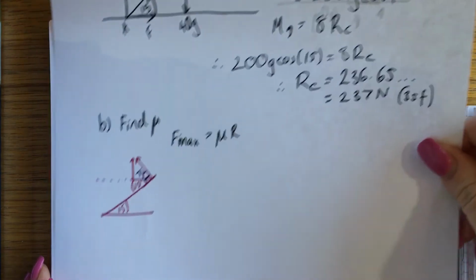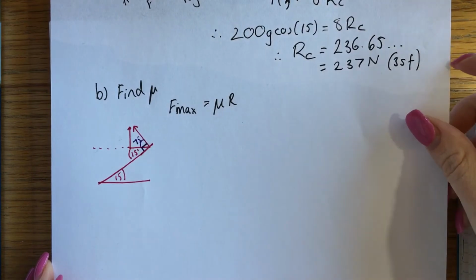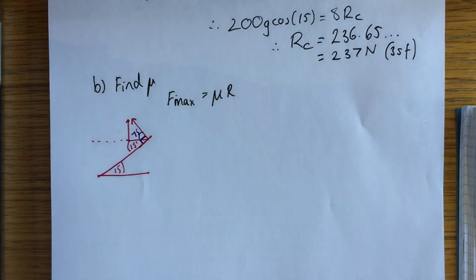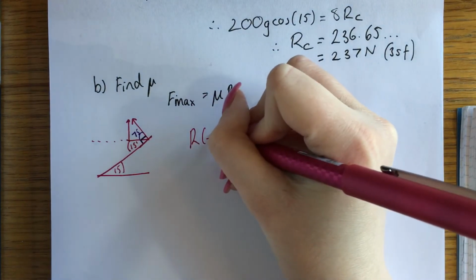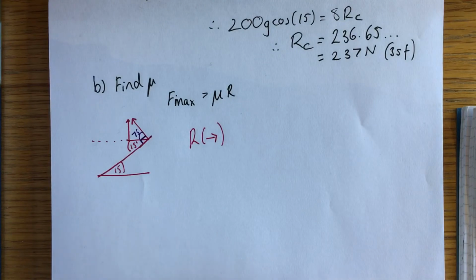So I am going to have to keep moving up and down the page, so I apologise. If you have your diagram in front of you, that'll be a bit easier. So I'm going to resolve horizontally first, doesn't matter, I just decided to.